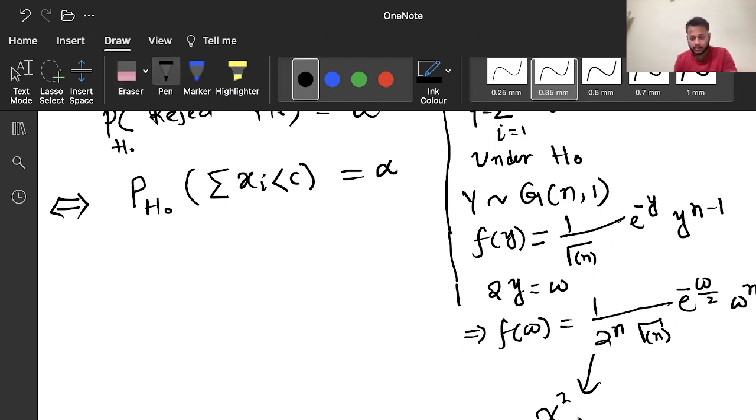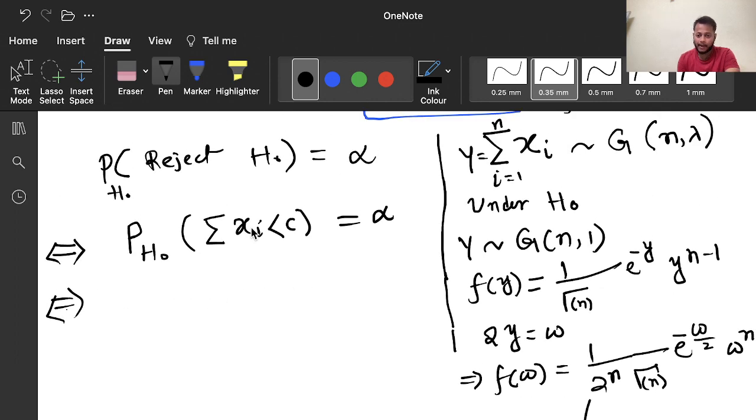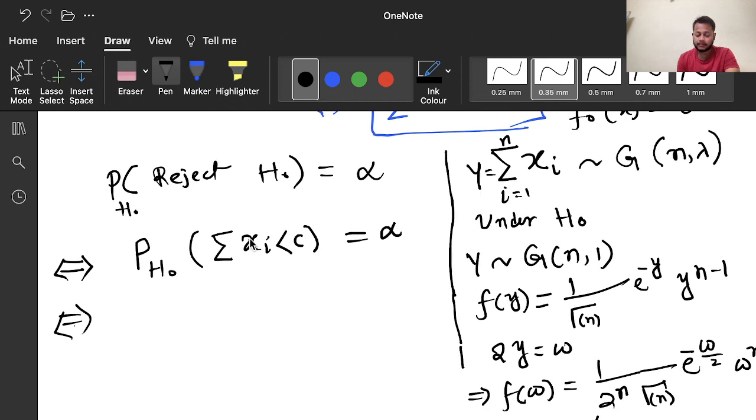chi-square 2n distribution. So that means if this is y, and we multiply both sides by 2, you will get another constant.